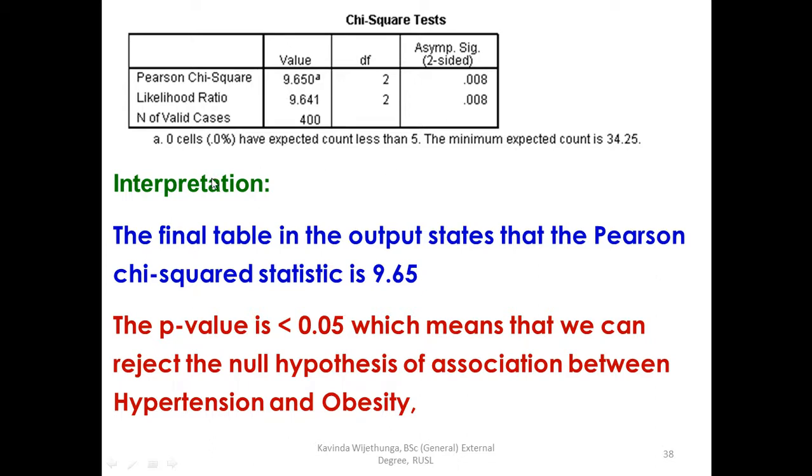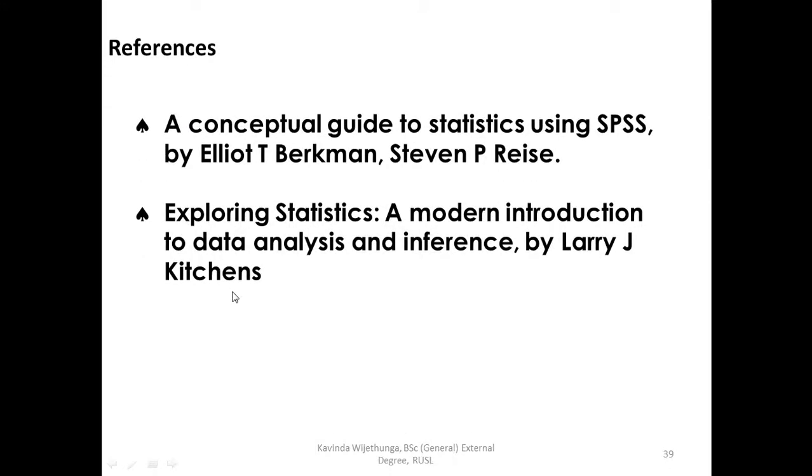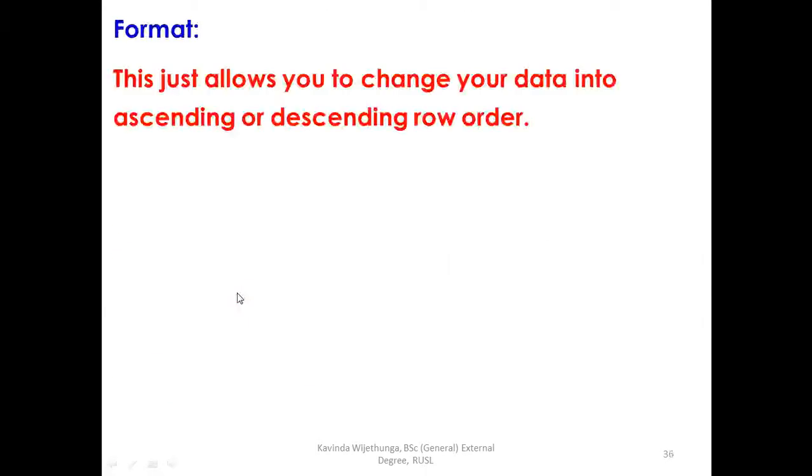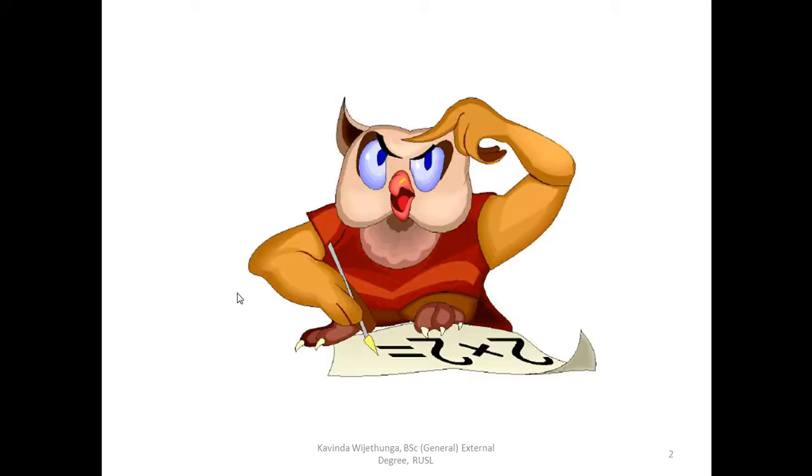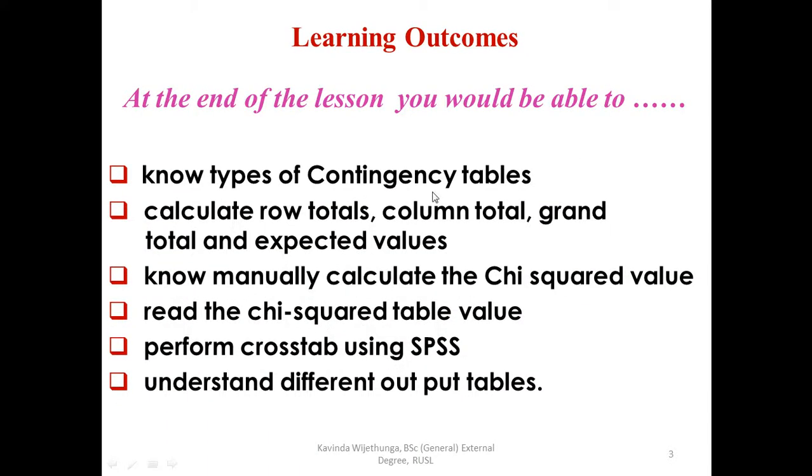Now we have learned how to do one-way chi-square manually, then two-way chi-square manually and using SPSS. These are the references. Now you have a clear understanding of contingency tables: calculating row totals, column totals, grand totals and expected values.